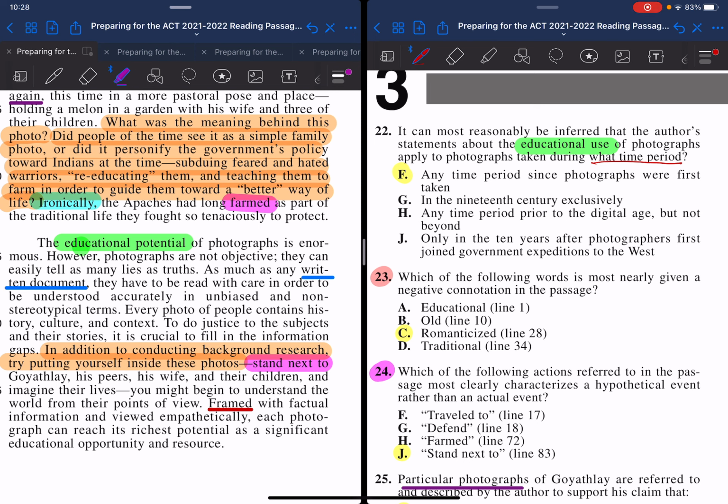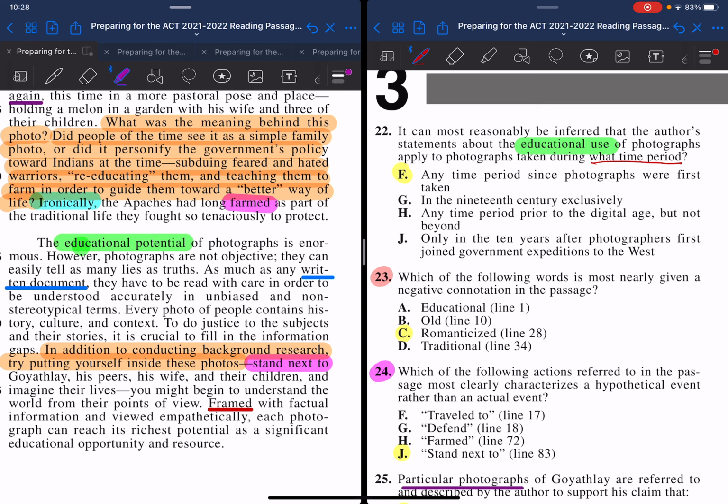27. In the passage, the author notes that a strange aspect of the photo of Goliath Lay with a rifle. Now that's a key word because that word only shows up once, right up here in line 52. And that photo was taken, and it says this photo personifies the renegade image, but strangely it was taken about 2 to 4 years after Goliath Lay surrendered while he was a prisoner of war.